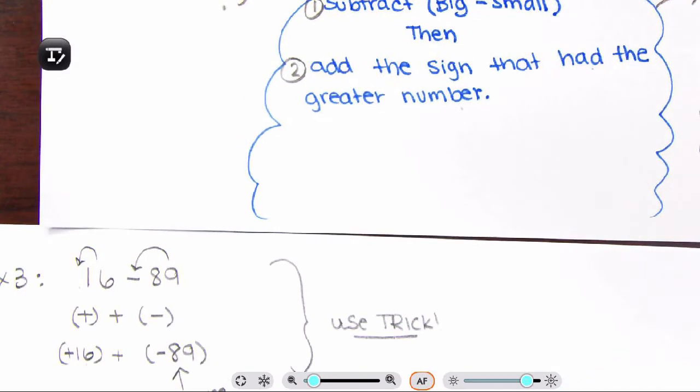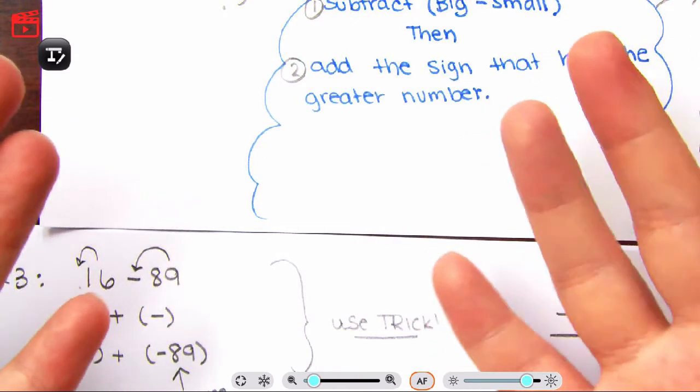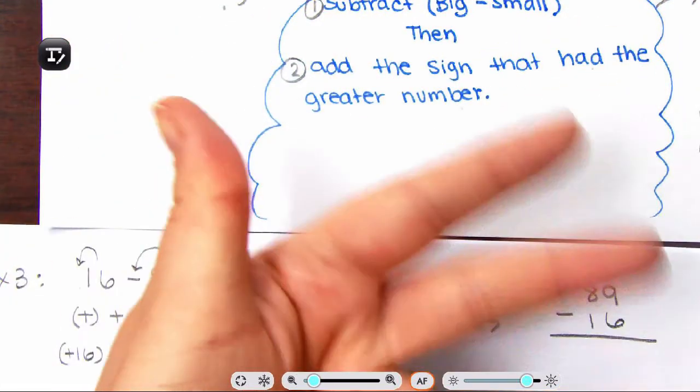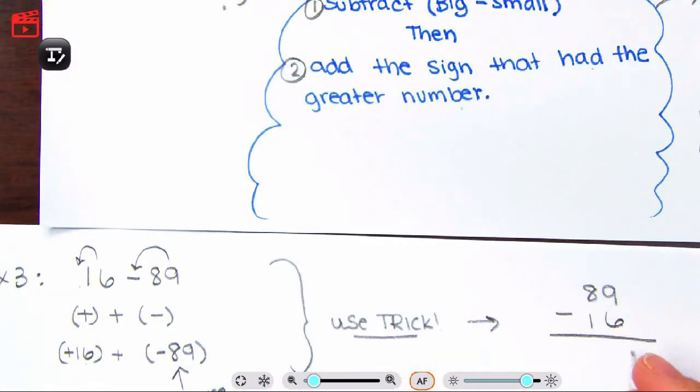Subtract the big number minus the small number. What's the big number? 89. What's the small number? 16. 9 take away 6. I don't know what that is off the top of my head, so I'm going to use my fingers. Here's 9, 4, 5, 6. I'm left with 3. 8 take away 1. That is 7. So that is step 1.